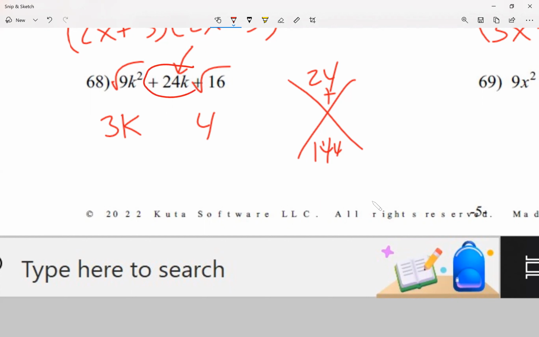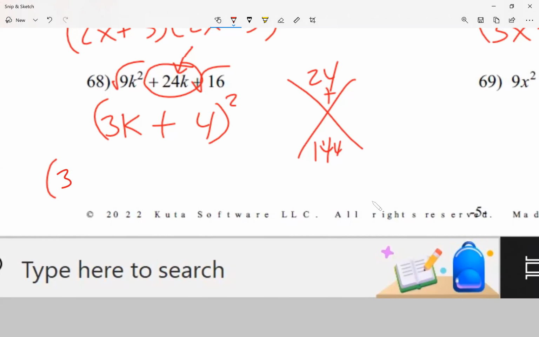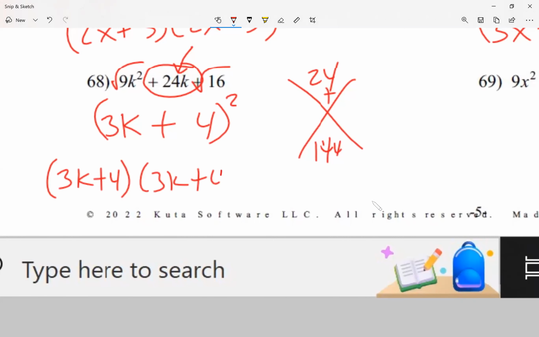Because my middle term is a plus, let me put my plus sign here. And this tells me I'm going to have 3k plus 4 twice. So when I type this, I'm going to go 3k plus 4, have it twice. 3k plus 4 2 times.